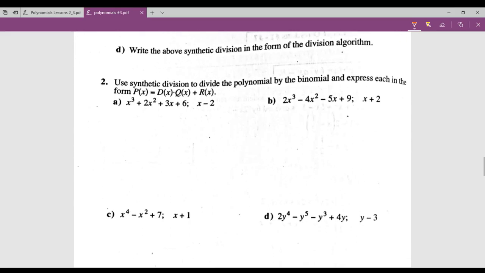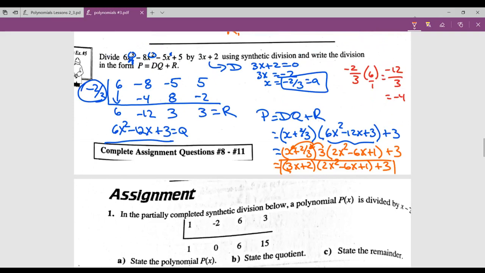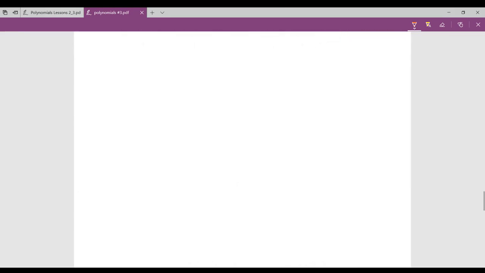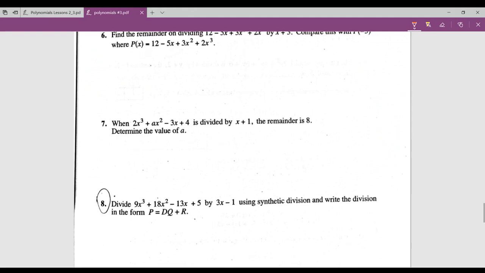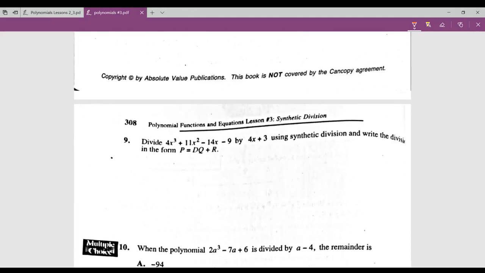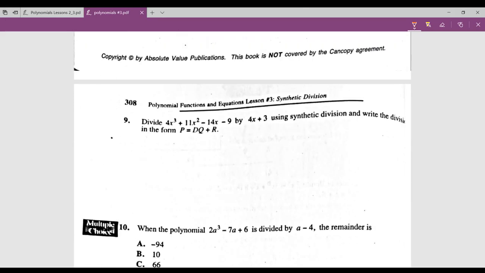So I'm going to ask you to do 8 and 9. But if we go to those ones, yeah, I'll do number 9.